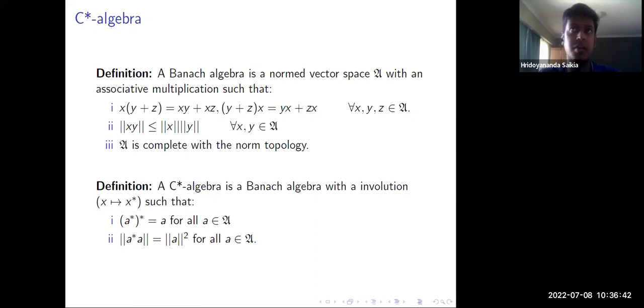One more thing: suppose you have a star algebra, and I ask whether you can give me a norm on that algebra such that it becomes a C-star algebra. That norm has to satisfy the second condition, and some results say that there exists precisely one way of getting such a norm on a given star algebra.